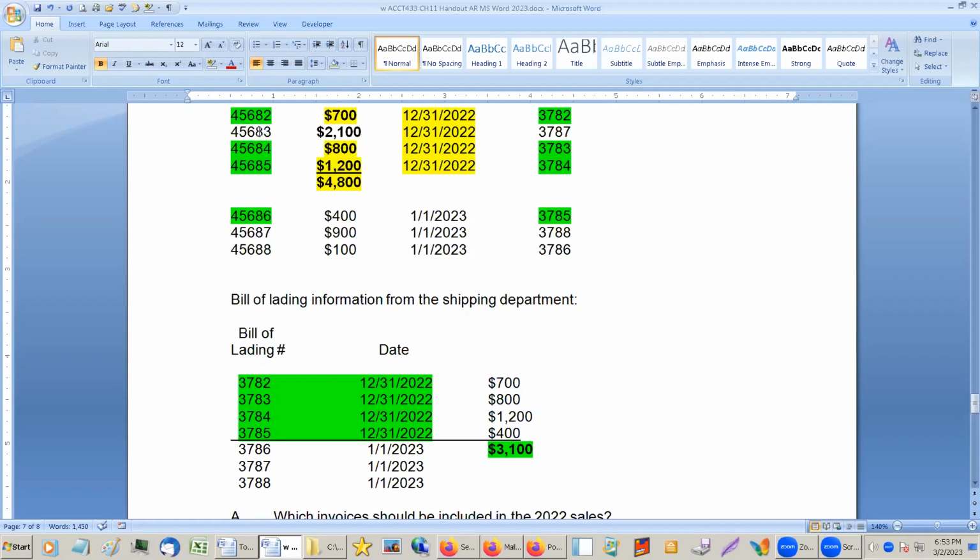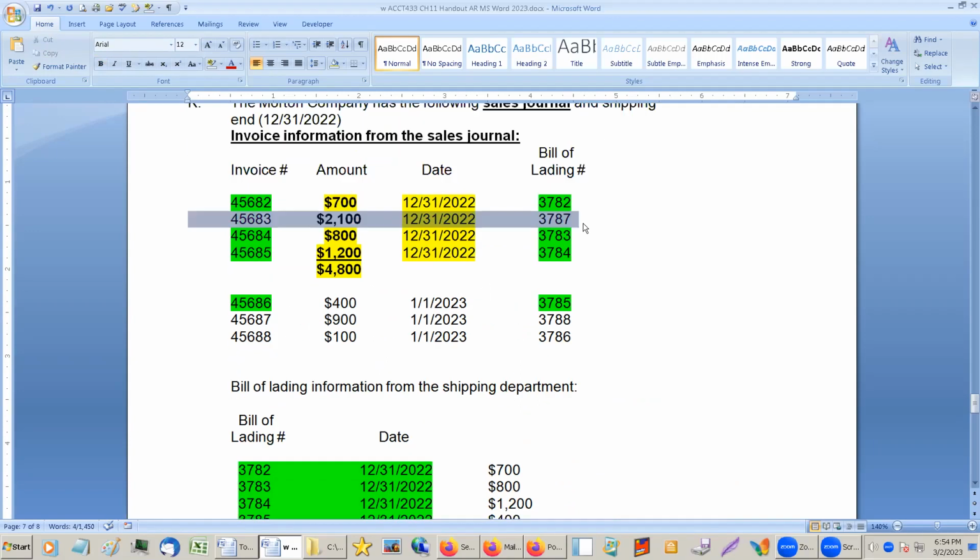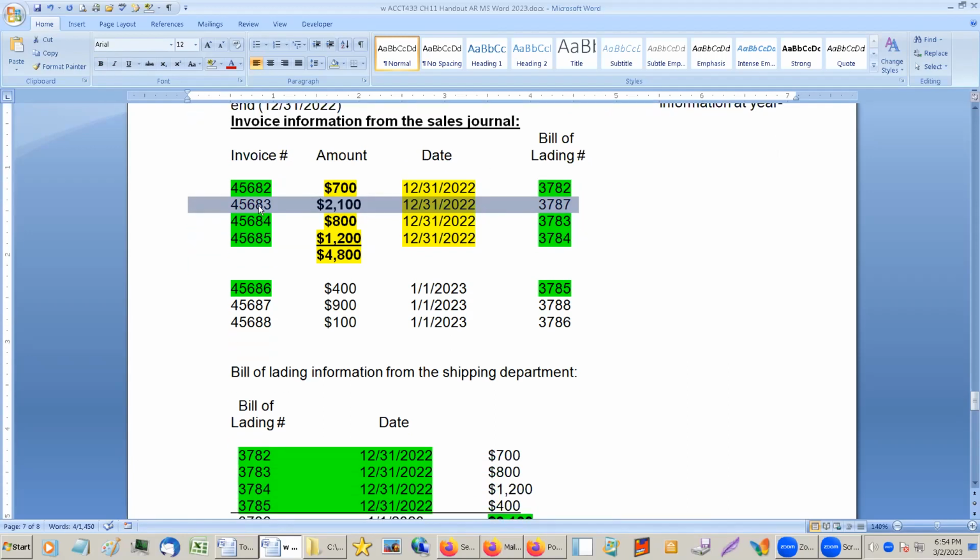They'll hold the books open and make sales going into the next year, but record them in the current year. So even though you look at this and say, well, wait a minute, it looks like they made the sale, look at the invoice and all that, they very well could manipulate that to come out like that. Someone's working on a sale that doesn't get made till the next year or something like that. They could do that.